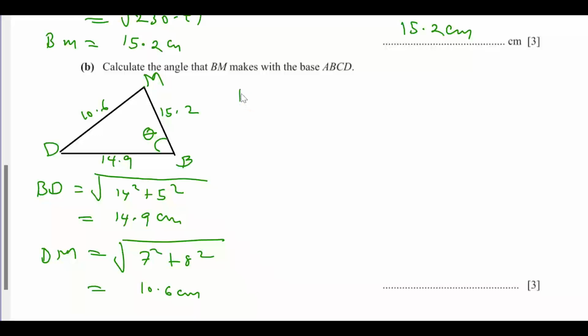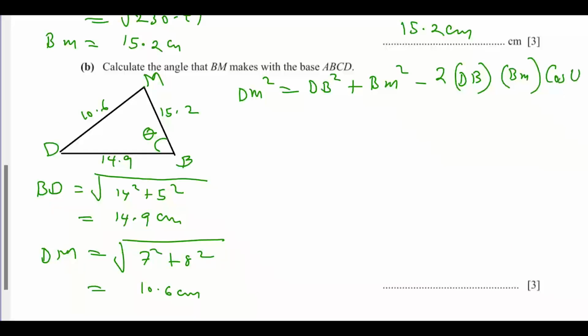It would be DM squared is equal to DB squared plus BM squared minus 2 into bracket DB into bracket BM then cos theta. But once you understand the cosine rule very well, it's not necessary for you to write this. Okay, so let's put in the values.